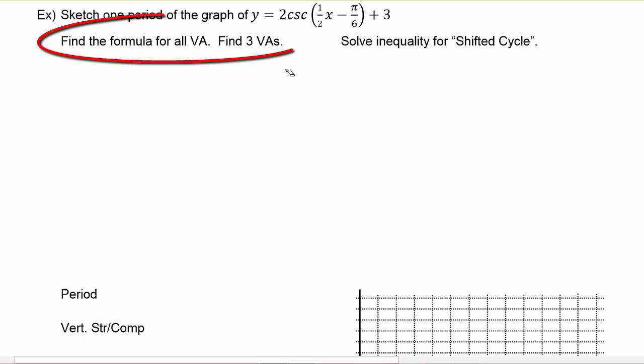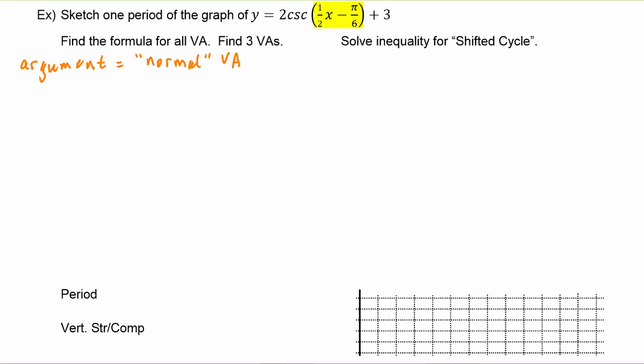So first, we'll find a formula for all the vertical asymptotes, and then we'll use that formula to find the 3 vertical asymptotes of our shifted cycle. We know to find the formula for all the vertical asymptotes, we need to set the argument of the function equal to where the normal vertical asymptotes for cosecant happen.